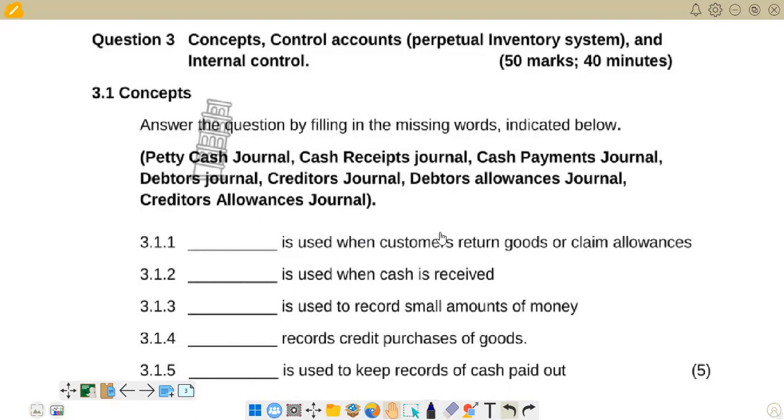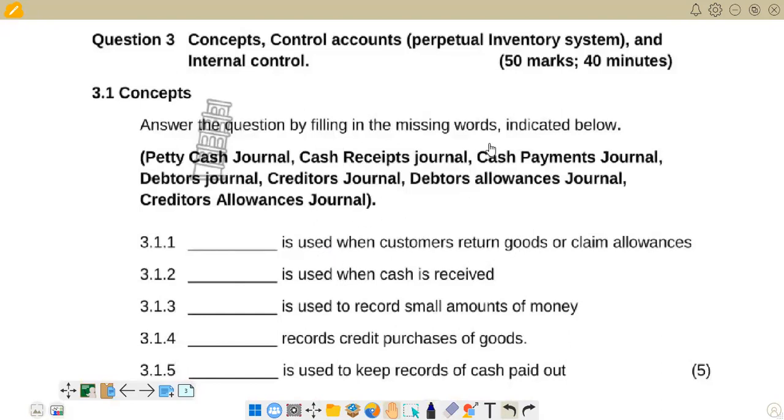When they return them, which journal is used there? We are supposed to choose from the figure that we are given there. These are the books of original entry, or the journals, that are given as our options. So which one do we use for 3.1.1 when our customers return goods?